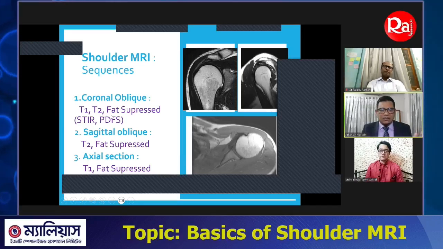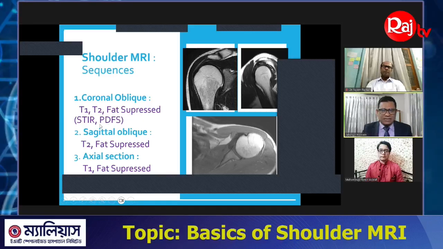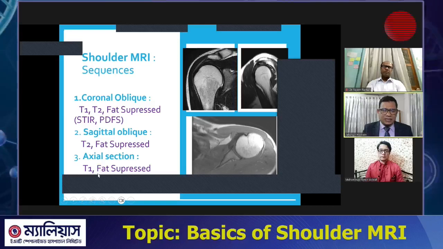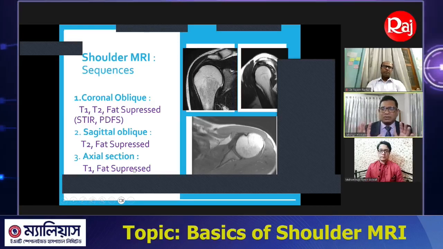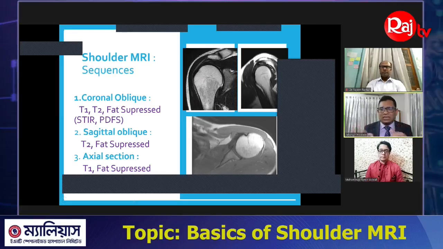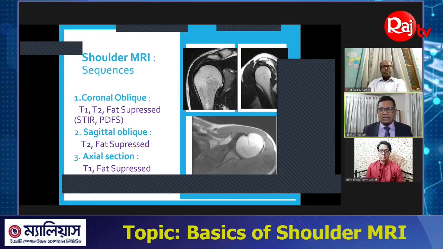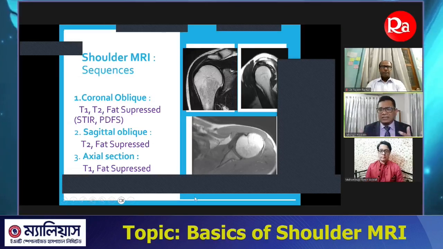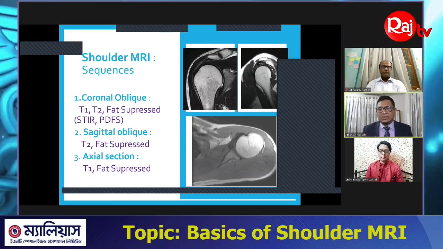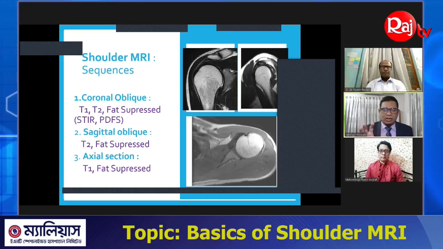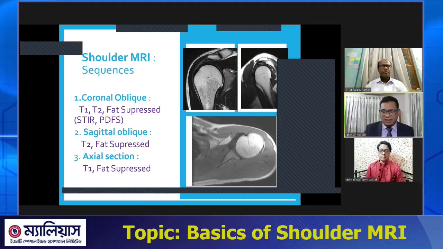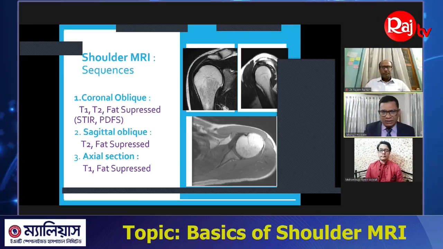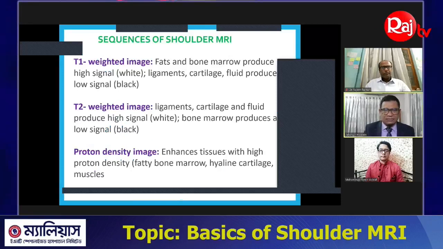These may be T1, T2, or fat suppressed, PDS, and sagittal oblique T2 fat suppressed, and axial T1 and fat suppressed. But we do not need to remember those, we only need to know the three cuts: coronal, sagittal, and axial. As I have already mentioned, as we are orthopedic surgeons, our knowledge should be limited to detecting the pathology from the three types of plane, coronal oblique, sagittal, and axial.